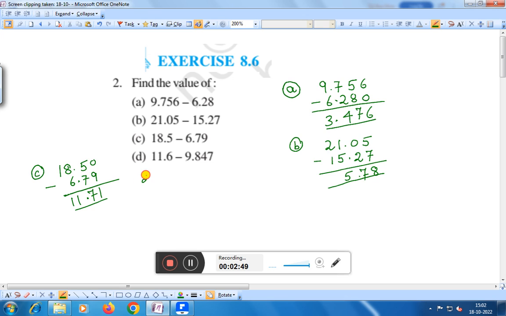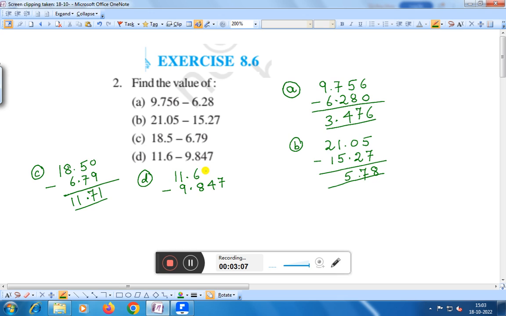Now question number D is 11.6 minus 9.847.